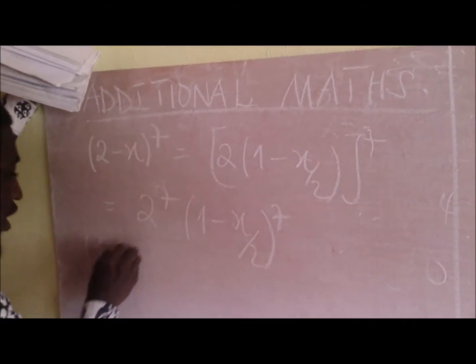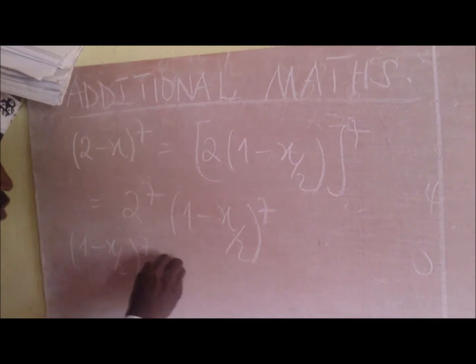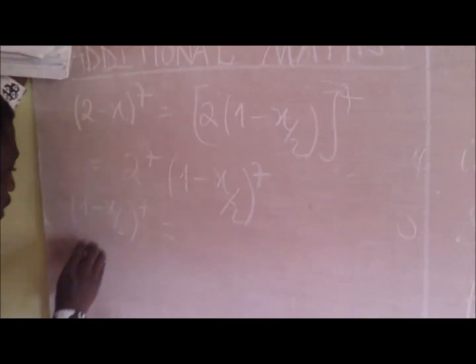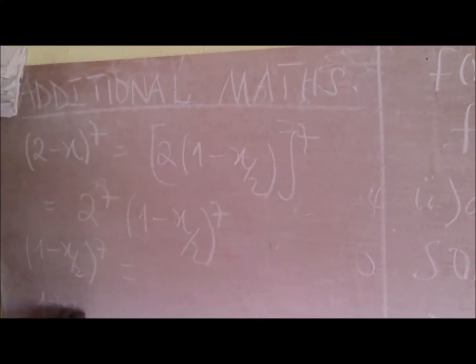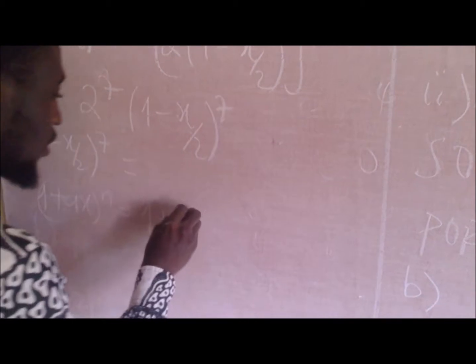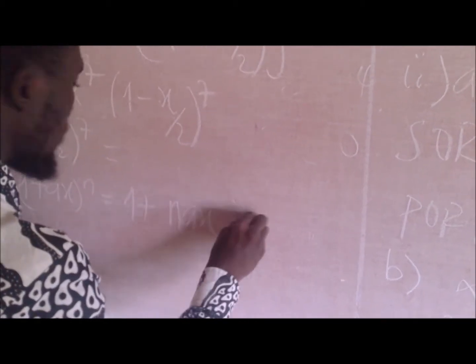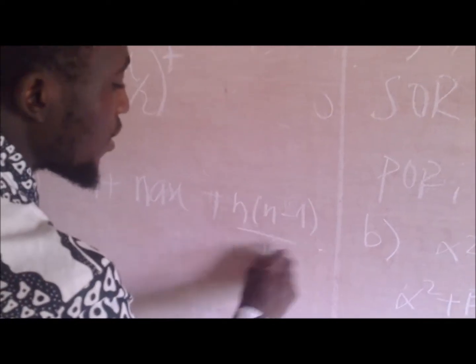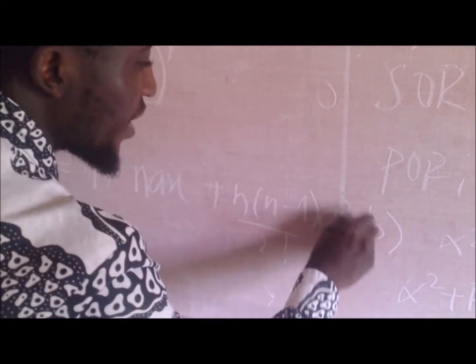I'm going to have 1 minus x on 2 to the power 7, which, if you remember, we have 1 plus ax to the power n is equal to 1 plus n ax plus n into n minus 1 on 2 factorial a squared x squared.